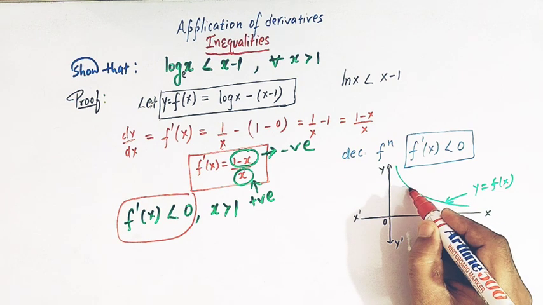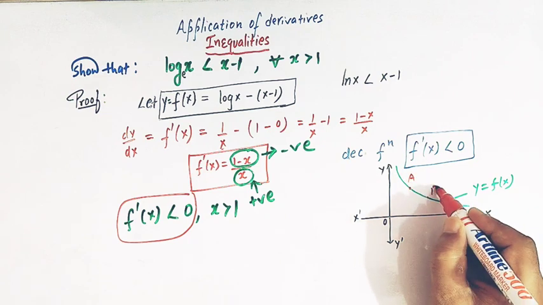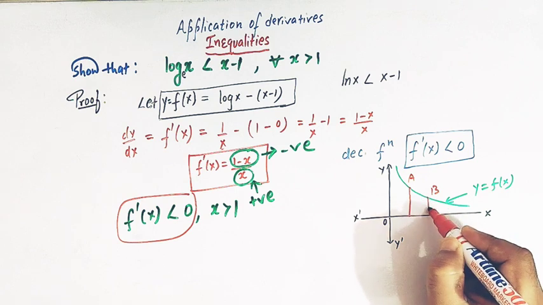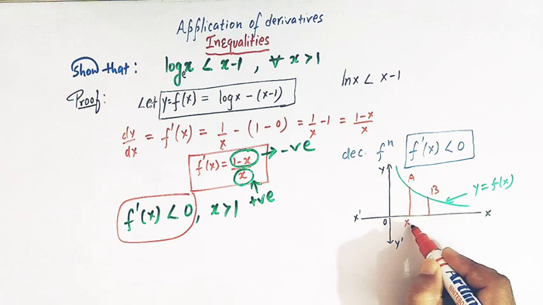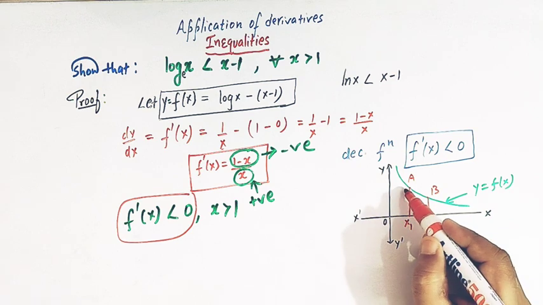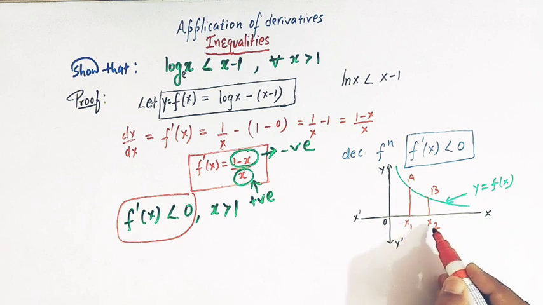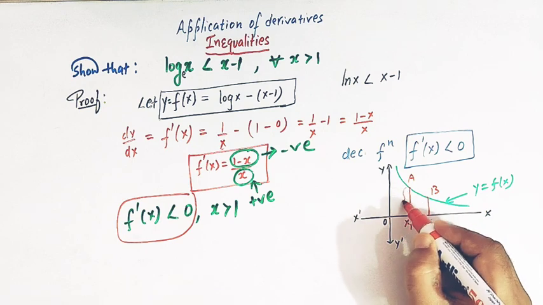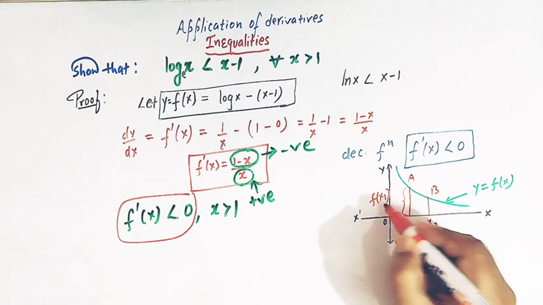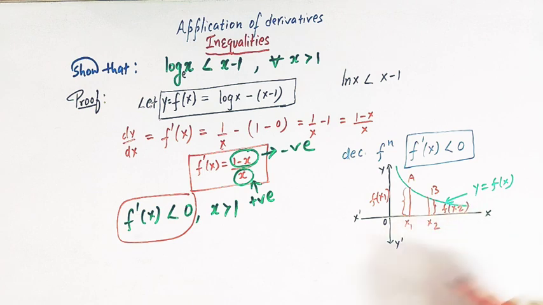Let us take this point as A and this point as B, and if we draw a line like this, this point is say x1, this point is say x2. Now here we have the abscissas as x1 and x2, then the corresponding ordinates are f of x1 and f of x2, right?